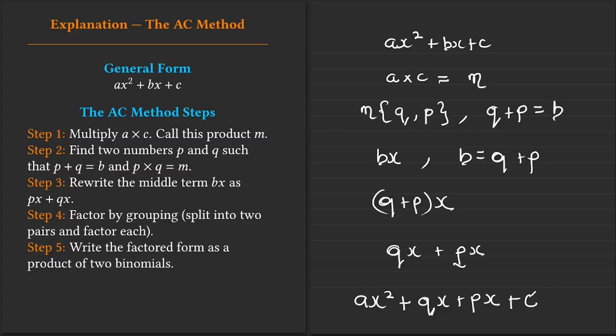That is all. If you're able to rewrite it this way, the method of grouping takes over and you'll be able to factorize. So with this understanding, let's solve some questions. If you don't understand this explanation, just relax. I'm sure by looking at the examples, you might be able to get on track.